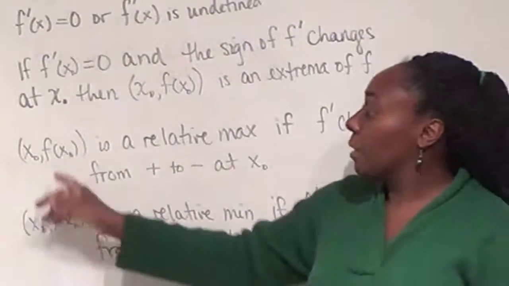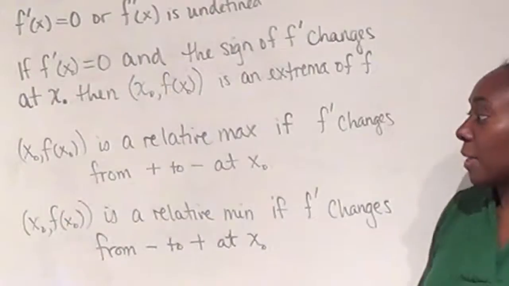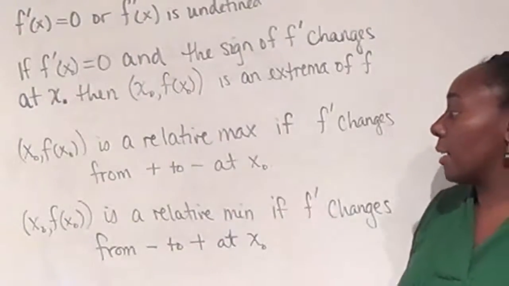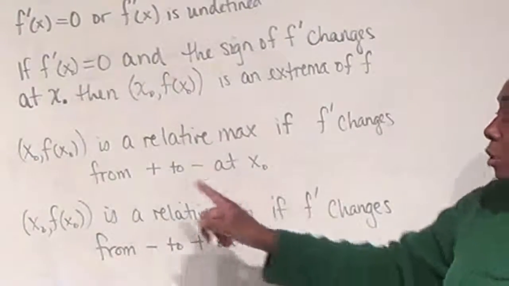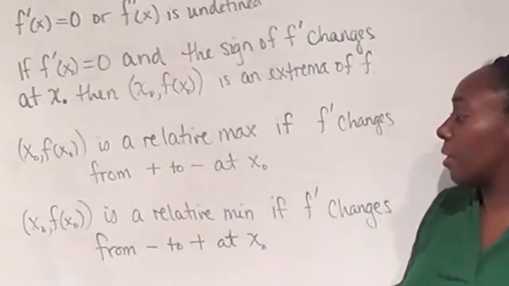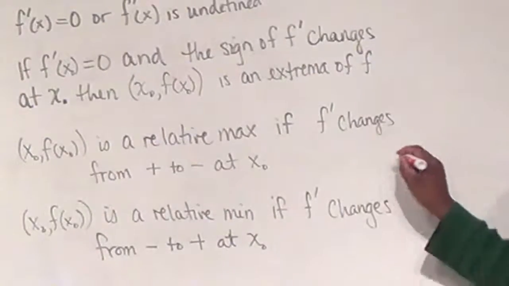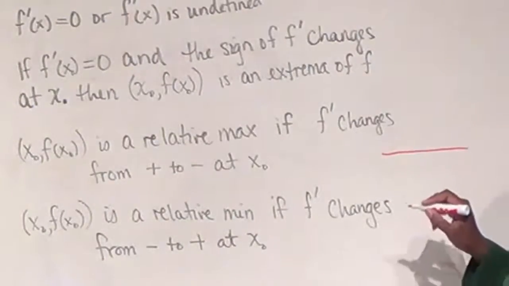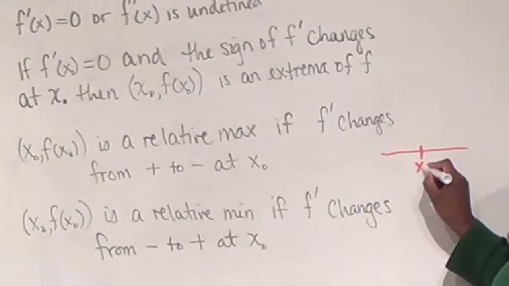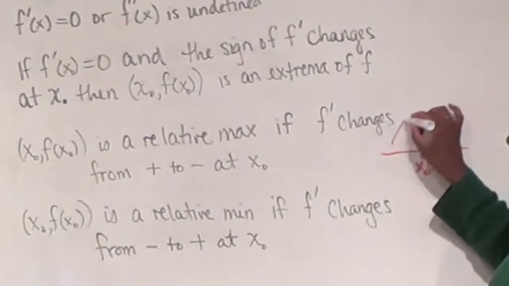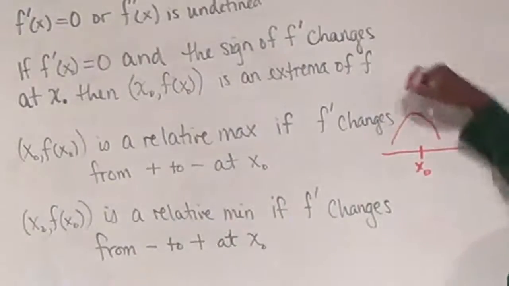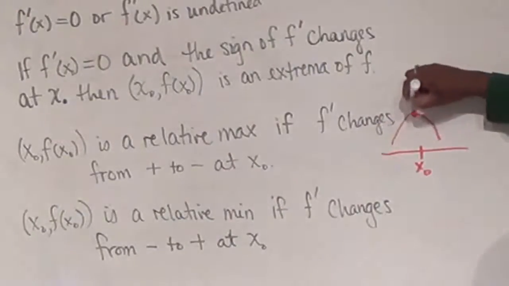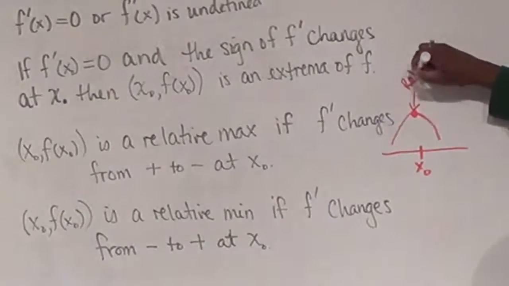Okay? X naught comma f of x naught is a relative max if my f prime changes from positive to negative. And so here what we're looking at is, if I'm looking on a graph, and this is my point x naught, if it's going from increasing to decreasing, then I can say this point here is a relative max.